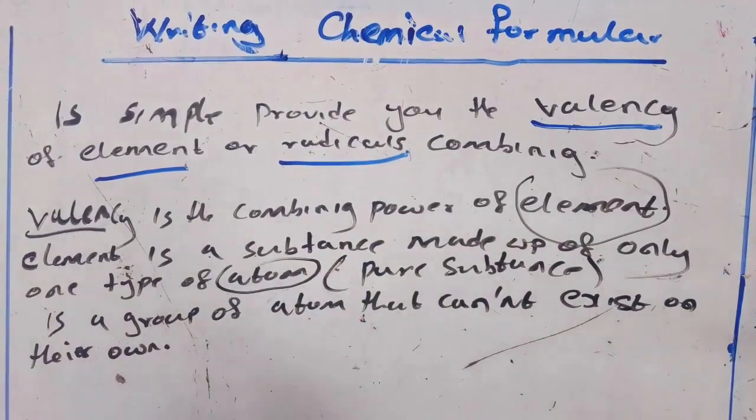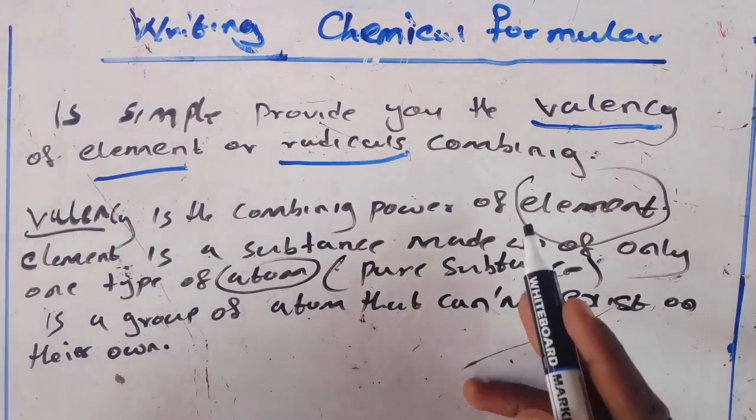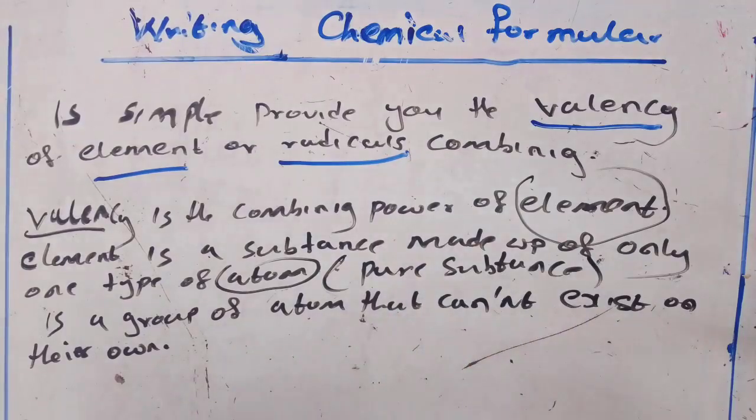I believe we all know the definition of an atom: the smallest particle of an element that takes part in chemical reaction. Having defined these three terms, we're now going to look at how to write chemical formulas given the elements and radicals combining.